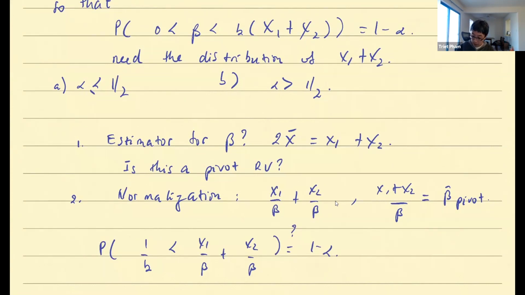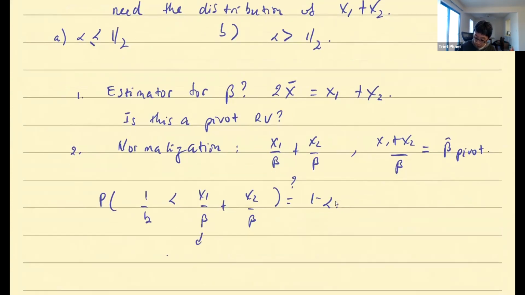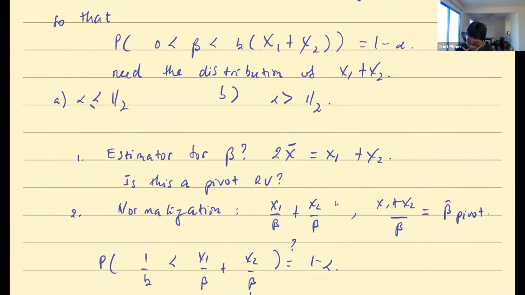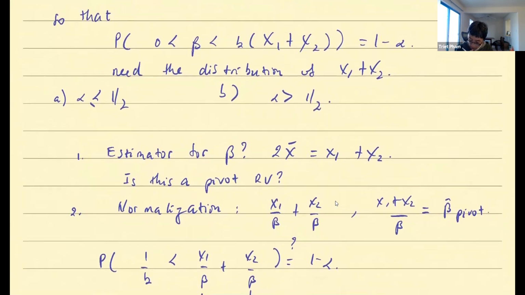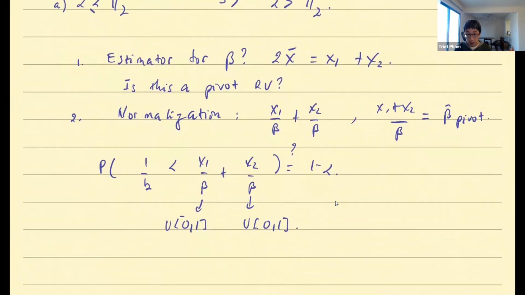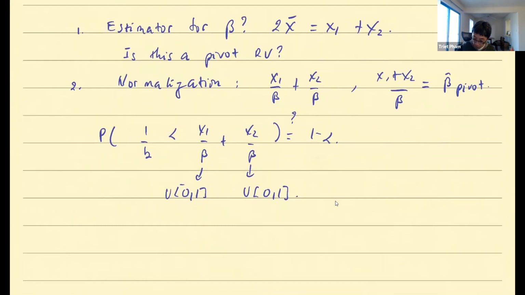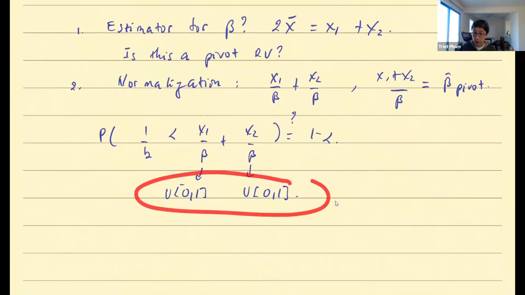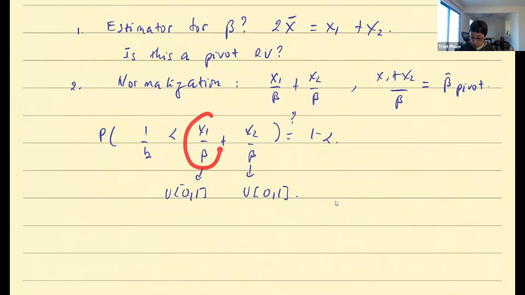Okay. So now this is uniform 0, 1. This is uniform 0, 1. Oh, did I do something wrong? No, that's it, yeah, 1 over k. So now you still need to know this distribution, but go back to what Madhav said.